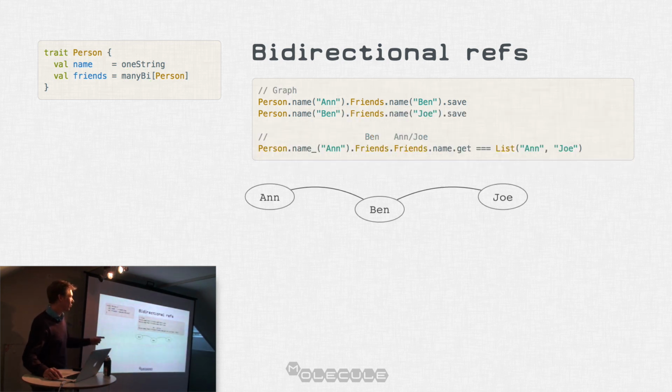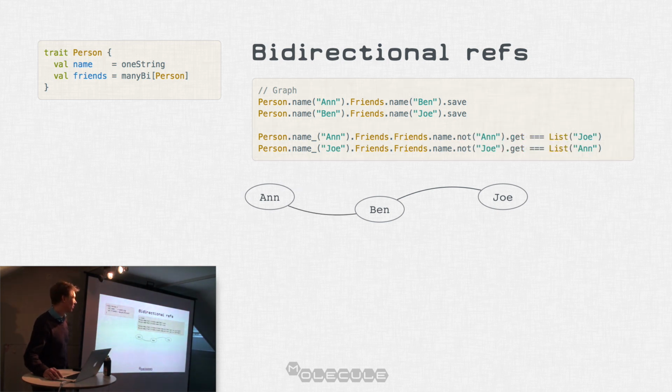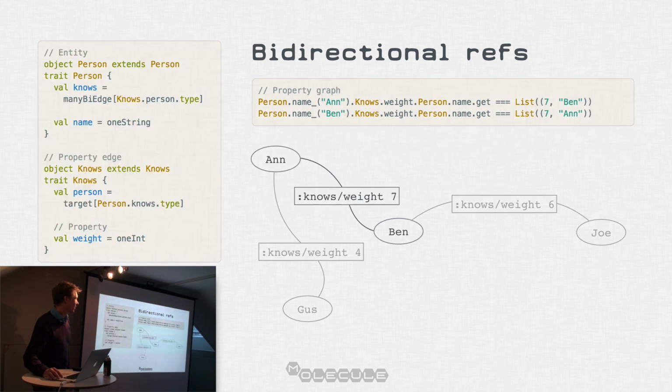So I can go from Arne to Ben to Joe, even in three levels, right? And I could even add properties to it. So I could have a person that has many bidirectional edges, which is that one, that has some attributes. So you can make a property graph.